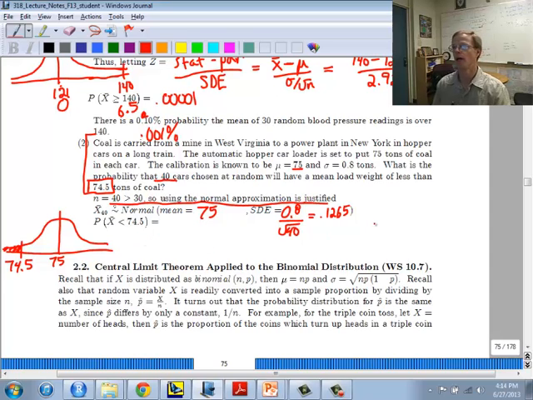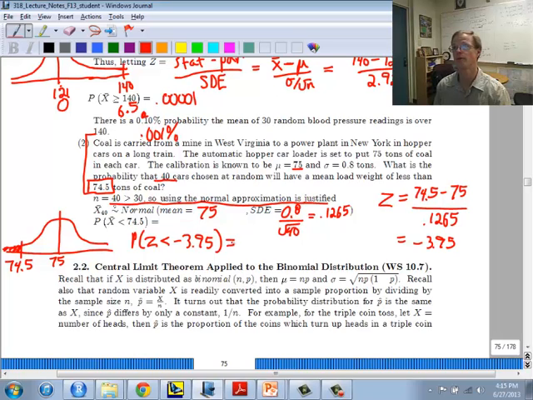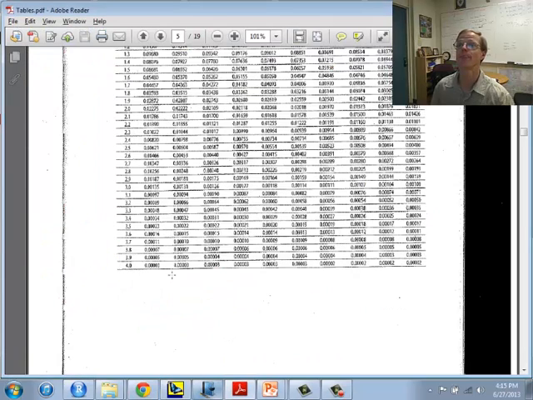Let's do the z-score. Z equals 74.5 minus the mean 75, divided by the 0.1265 standard error. And that's going to give us minus 3.95. So this is the probability z less than minus 3.95. Now I'm on the left-hand side, so on the table I'm going to take the positive and read the right side.